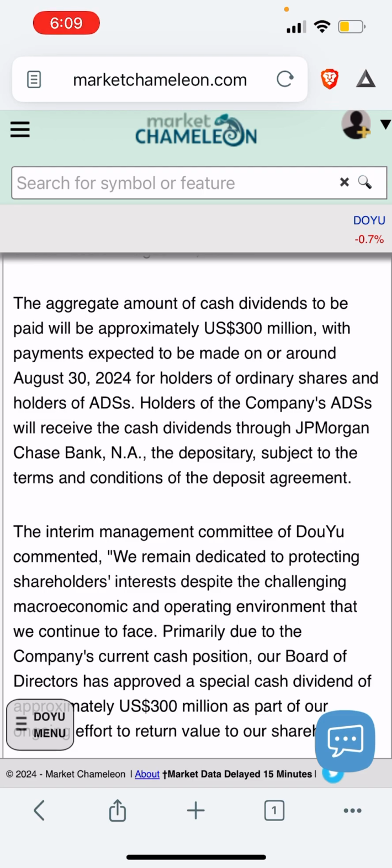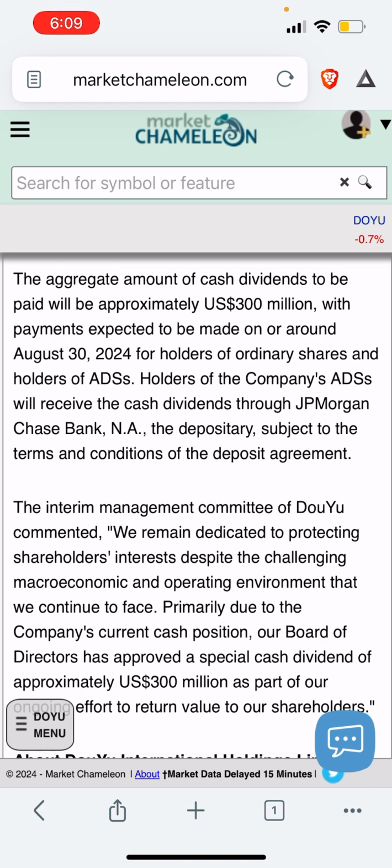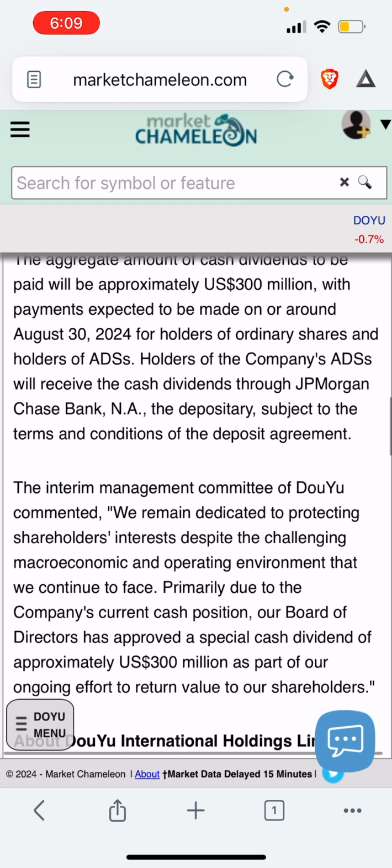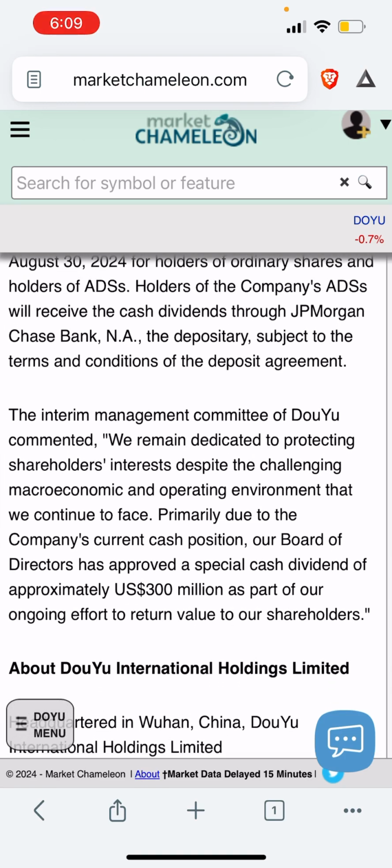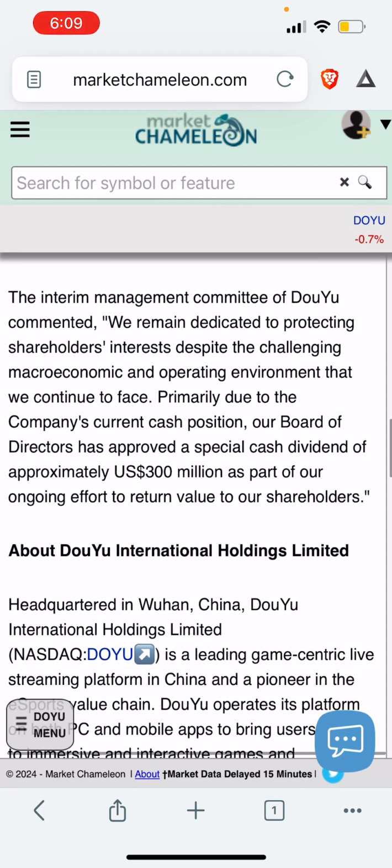The aggregate amount of cash dividend to be paid will be approximately $300 million, with payment expected to be made around August 30 for holders of ADS shares, who receive the cash dividend through JP Morgan Chase Depositary. Management committed.